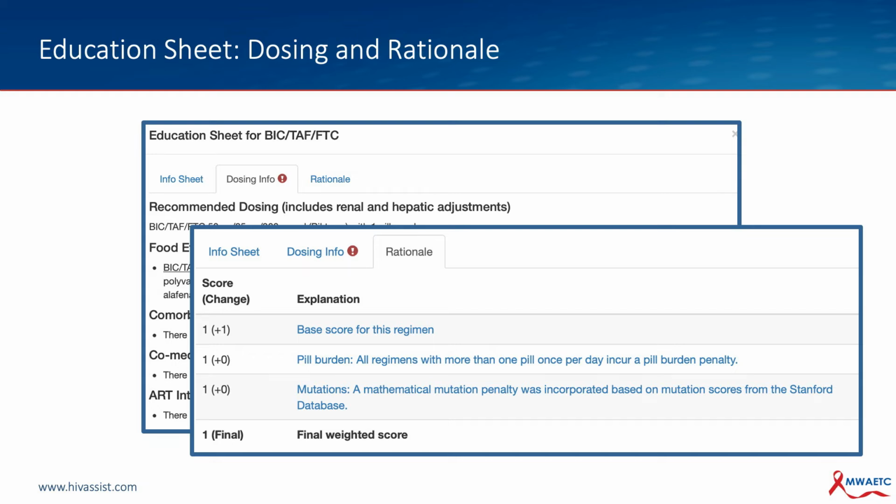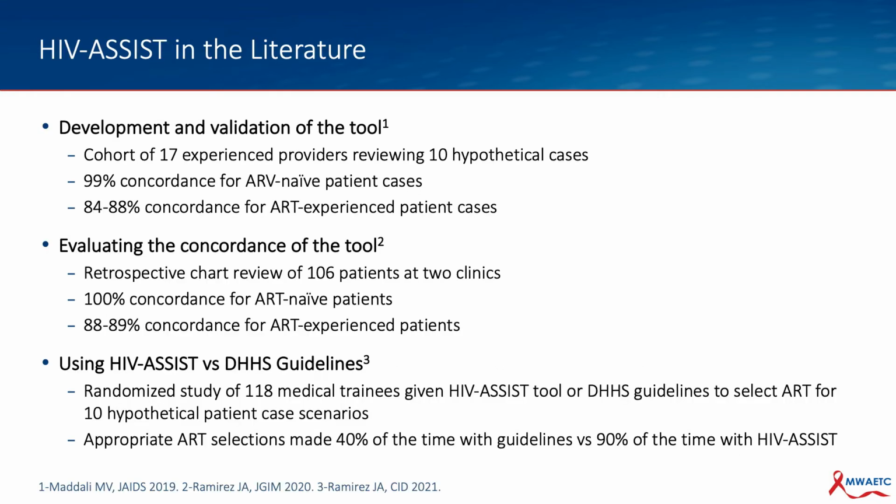Some of us use more than one pill a day, but that's just something they have prioritized in the algorithm. And then you may ask, does this actually work? When they first started this, it was from a group of individuals at Johns Hopkins, Manoj Madali and Manang Shah. They developed the tool and validated the tool. This first validation had a cohort of 17 experienced providers review 10 hypothetical cases and say what they would recommend.